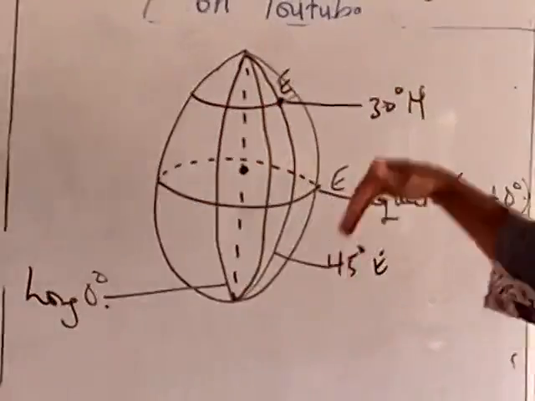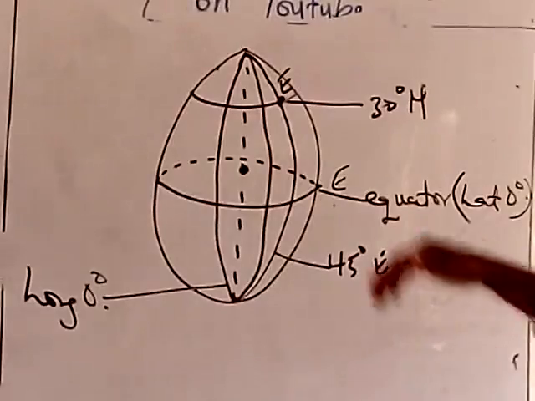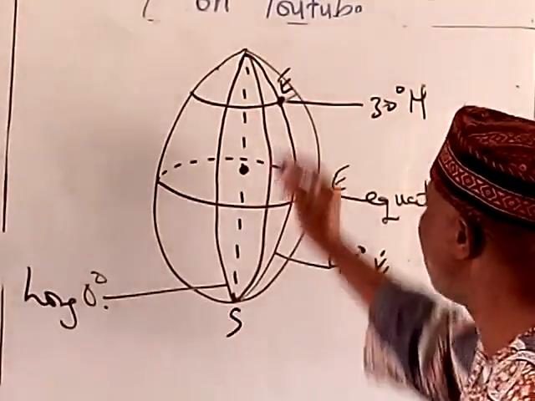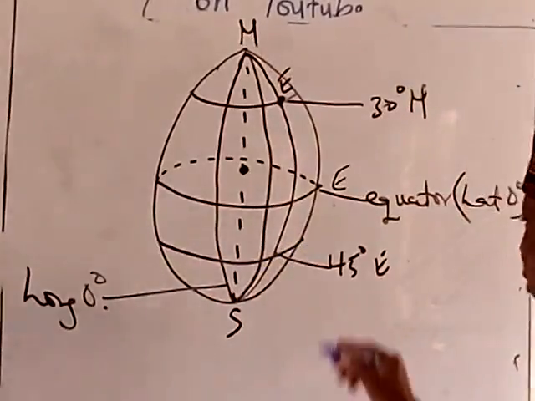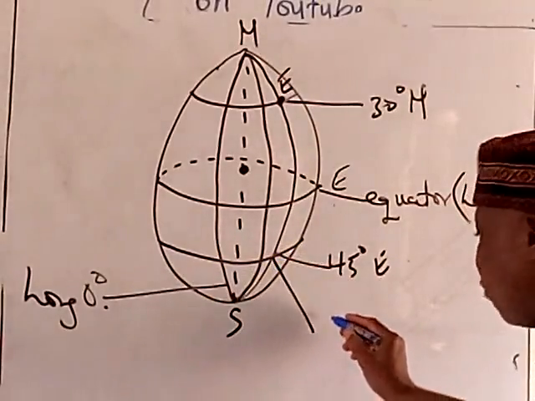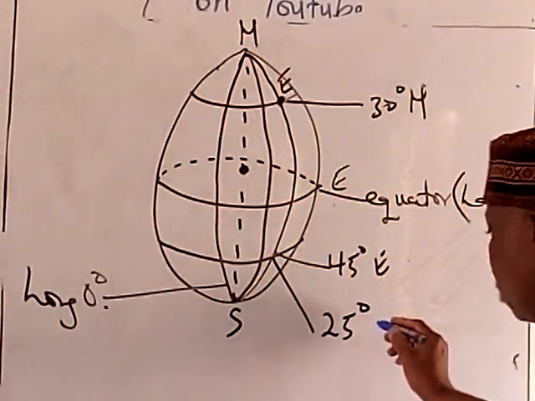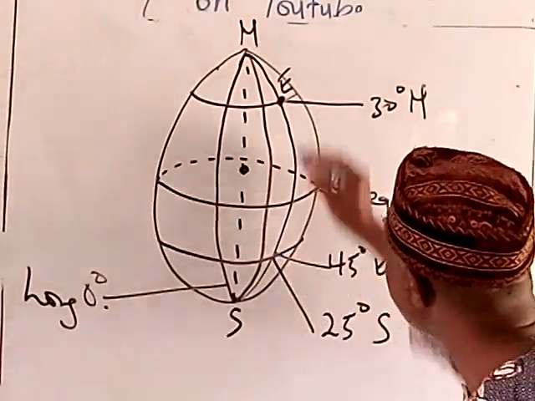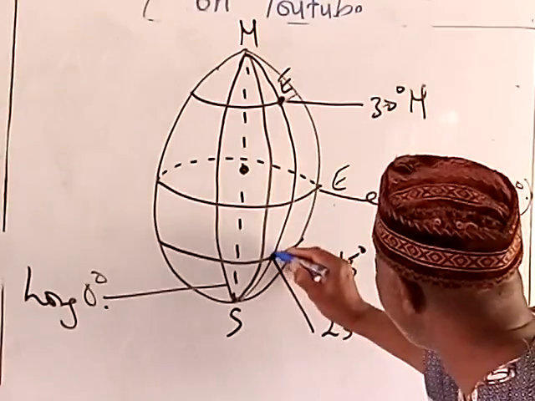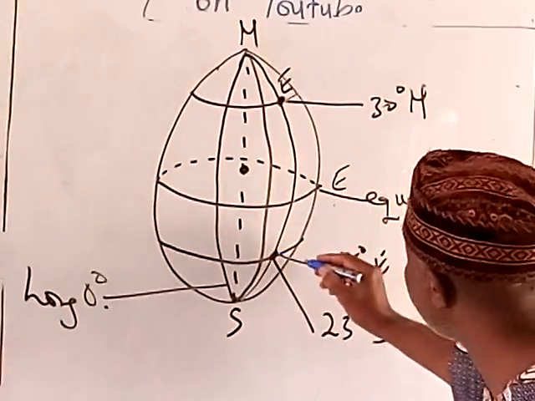You move towards the southern part. That's the latitude, 25° south. And you have 45° somewhere here. You have your F.